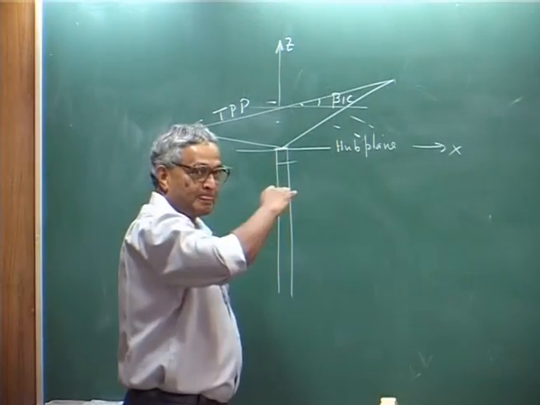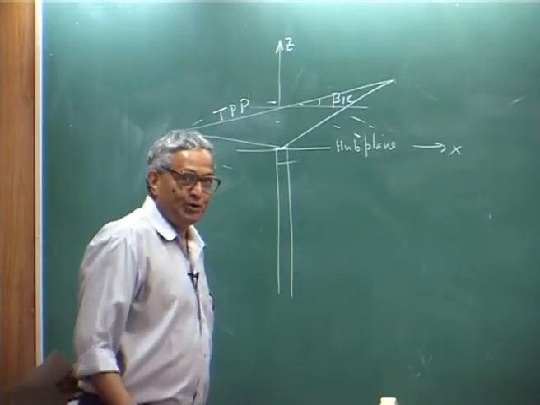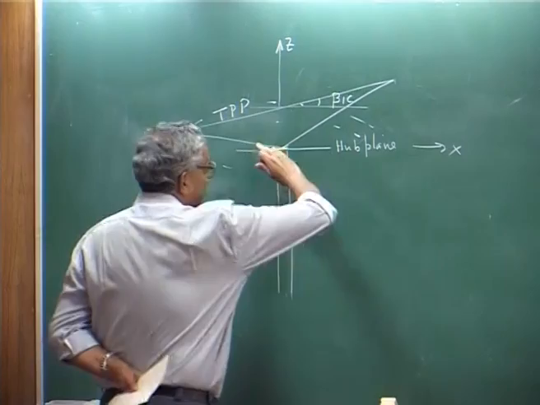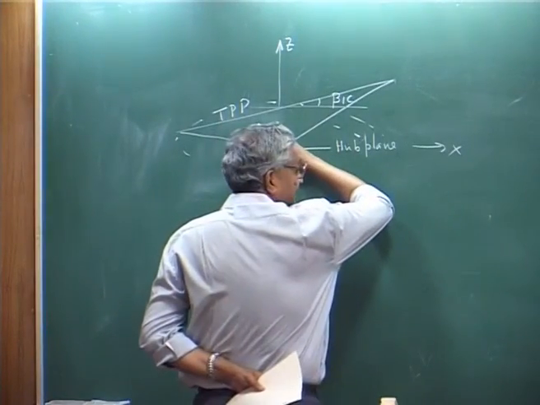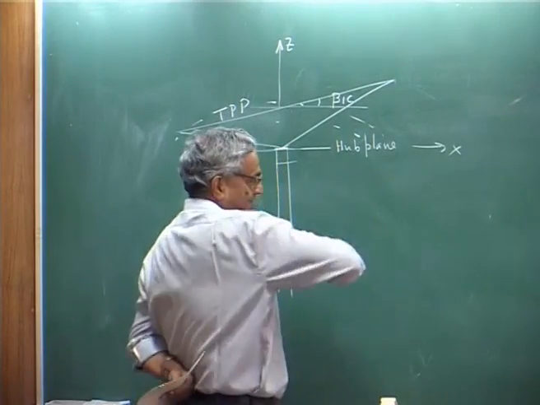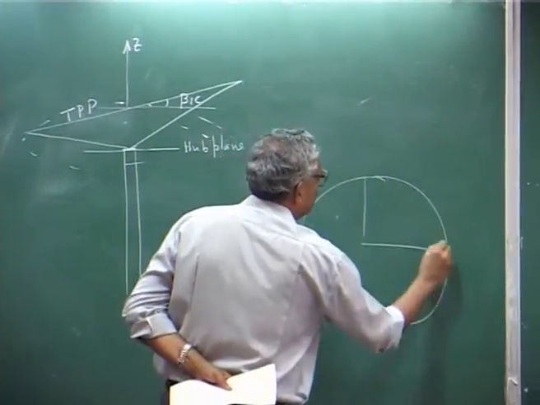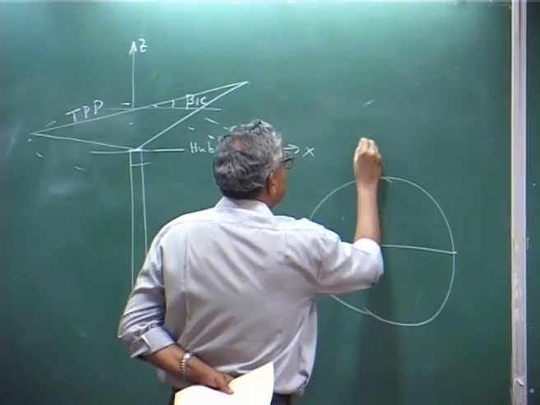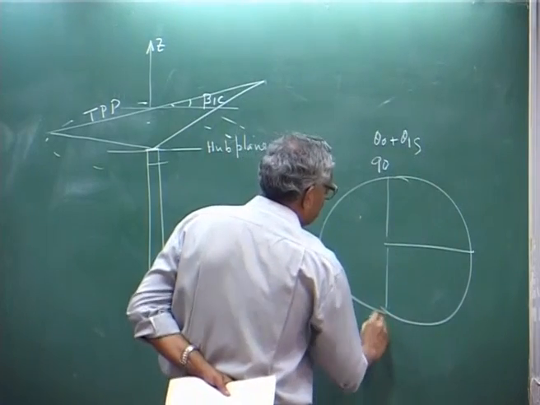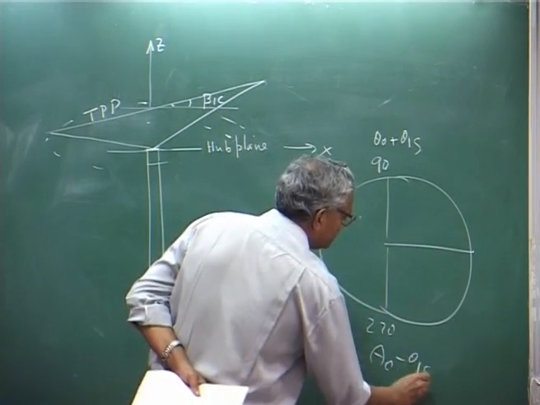So, your hub plane to no feathering plane, because you are giving a pitch angle like this, there is a theta naught. You have increased one side, you have decreased the other side. That means, in this is 90 degree, you have increased theta naught plus theta 1s, 270 degrees you made it theta naught minus theta 1s.